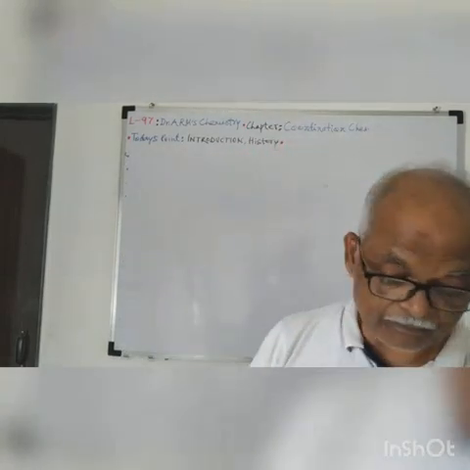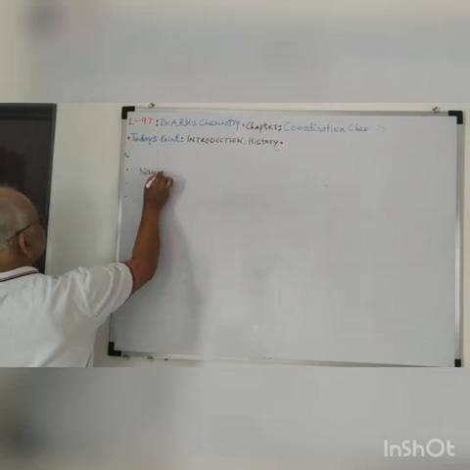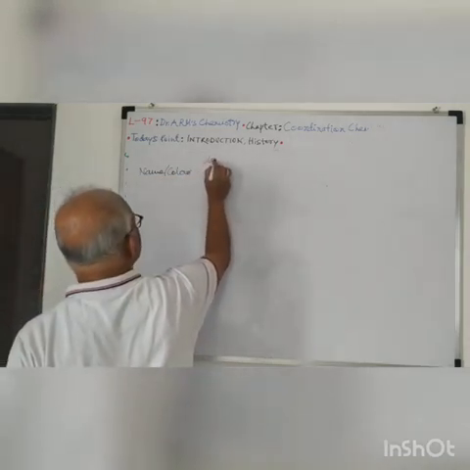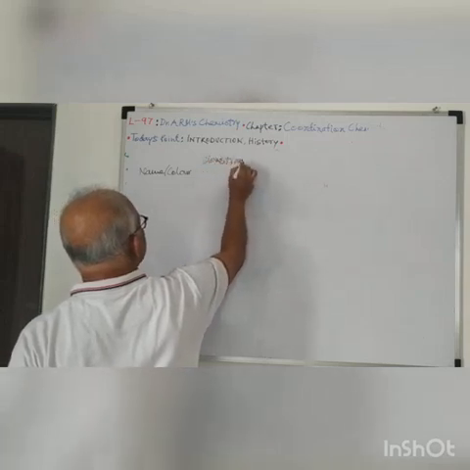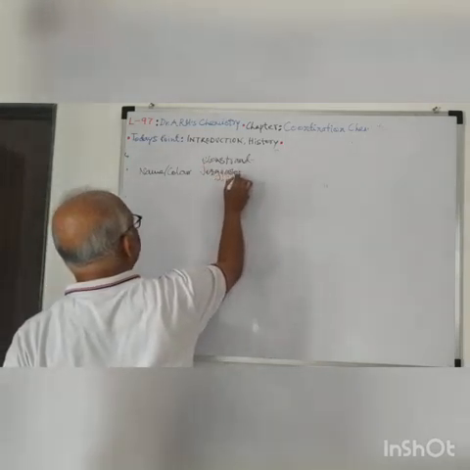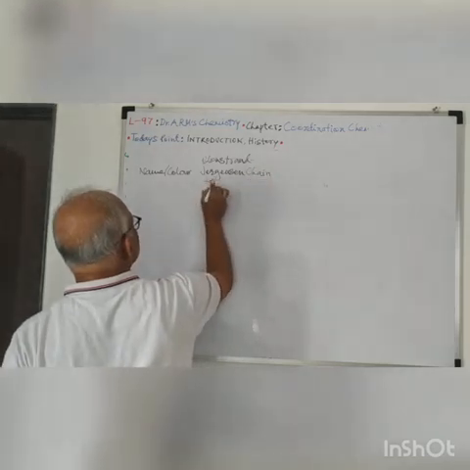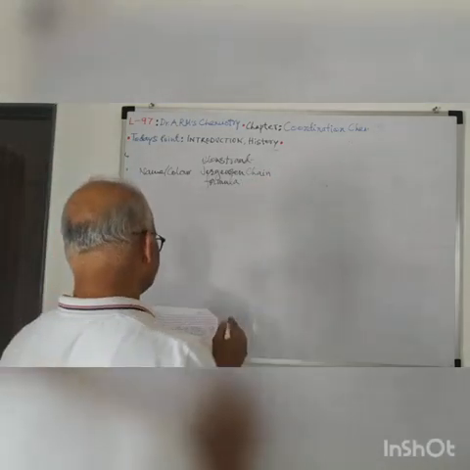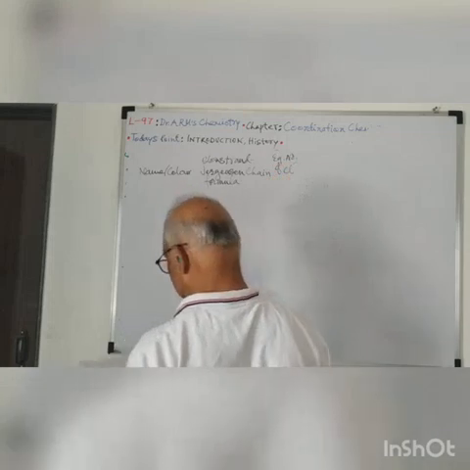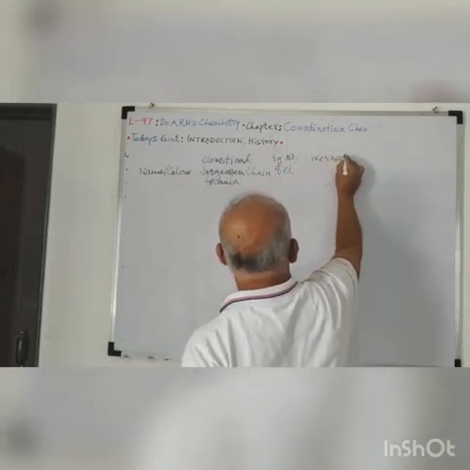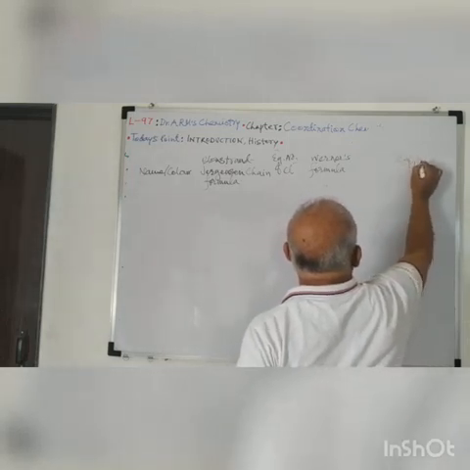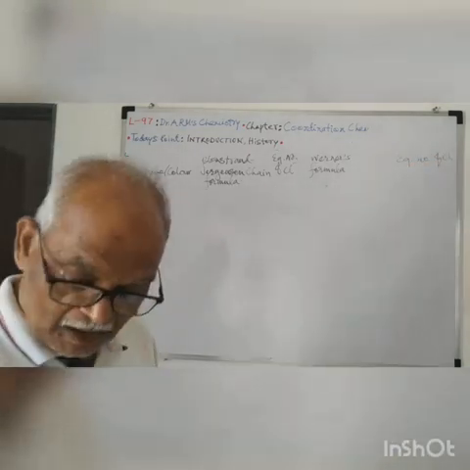We can show this: name or color, then Blomstrand-Jorgensen chain formula, then equivalent number of Cl-, then Werner's formula and equivalent number of Cl- in the complex.